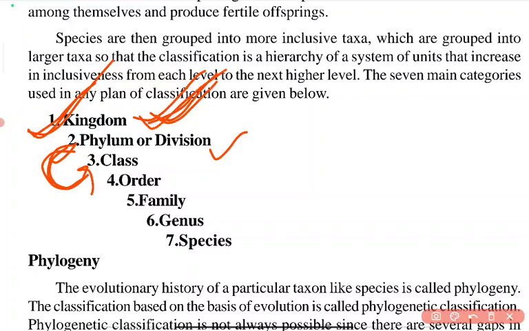If we take the example of a student, then this will work as kingdom. If we divide them according to classes, है ना, that is about division, about senior, secondary, medium, middle, etc.